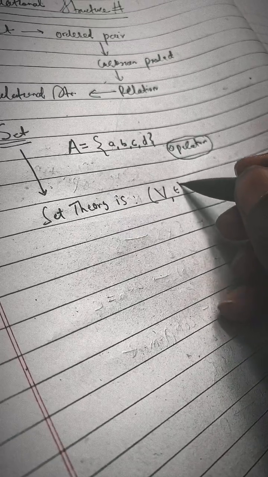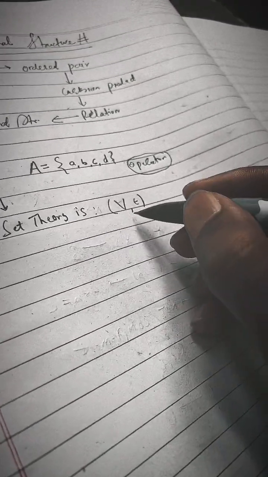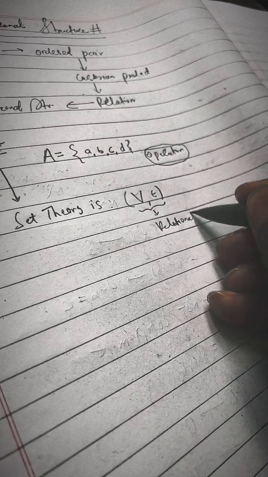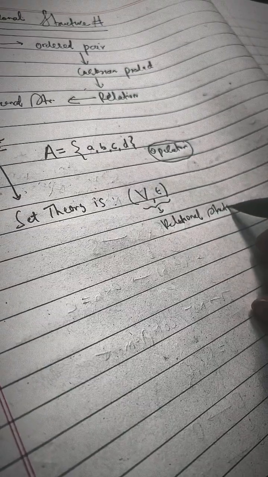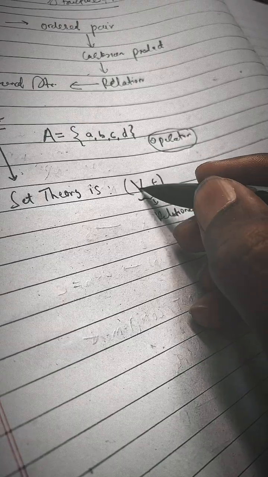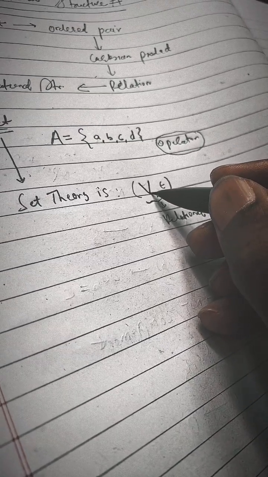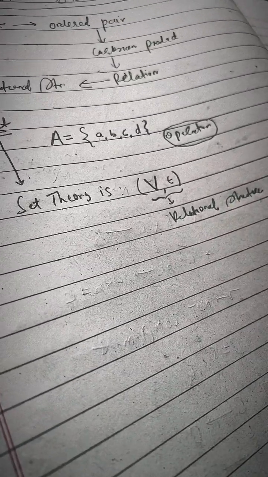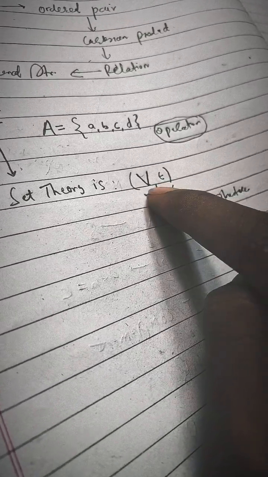So set theory is this: V comma belongs to. This is itself a relational structure. Why do I call this set theory? What is V? You have to be very careful: V is not one particular set. I am not talking about this set or the set of real numbers or the set of natural numbers.